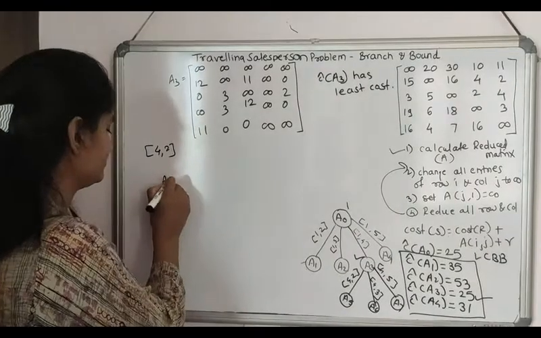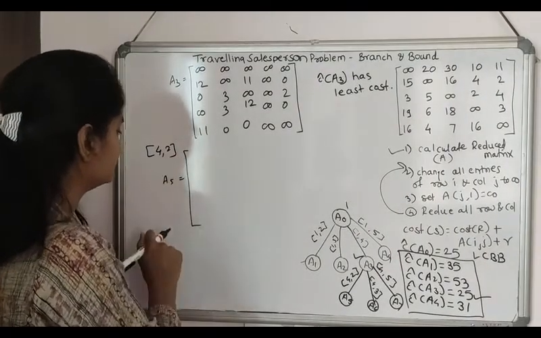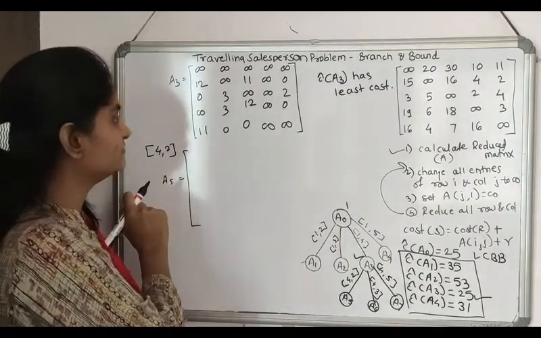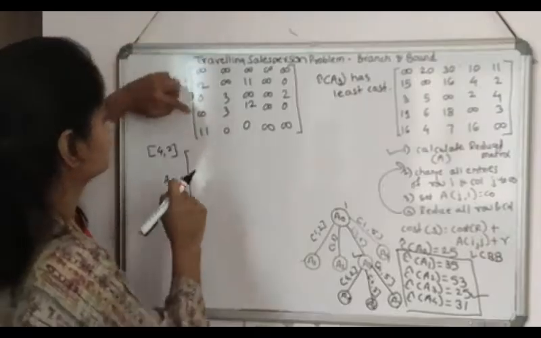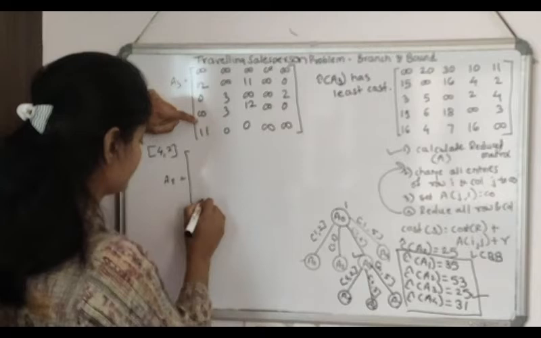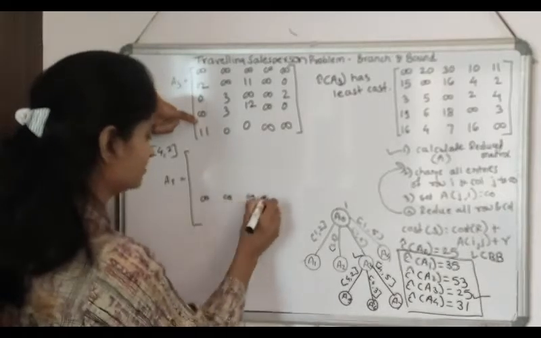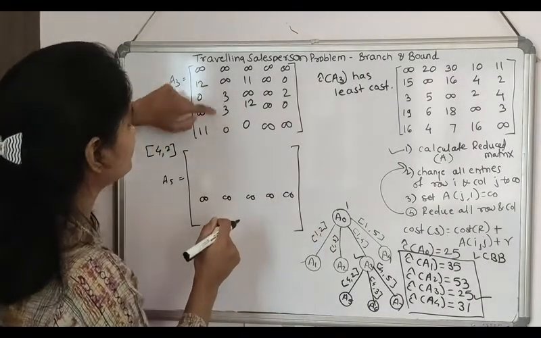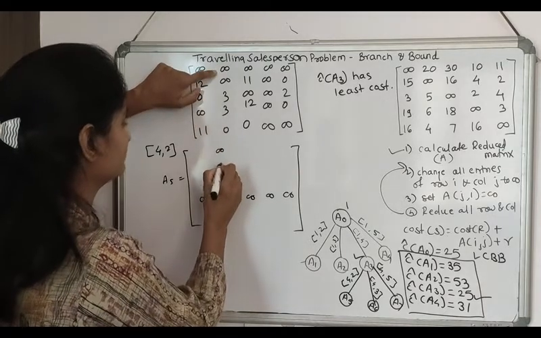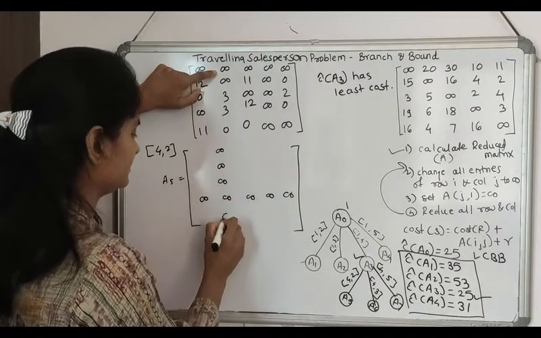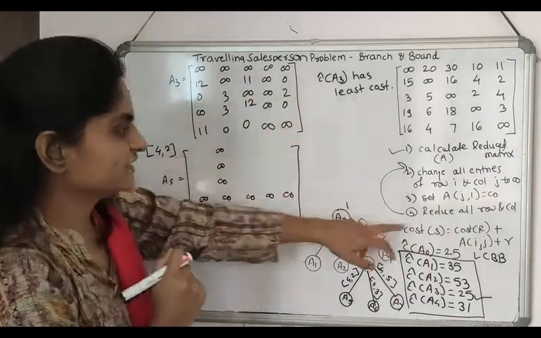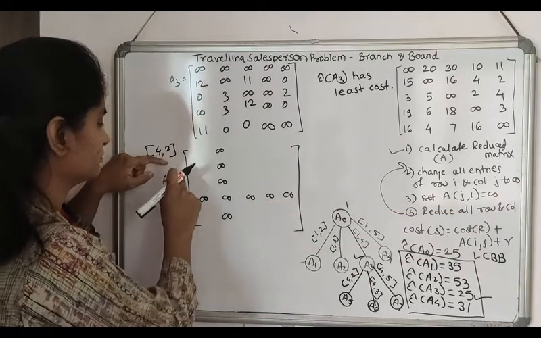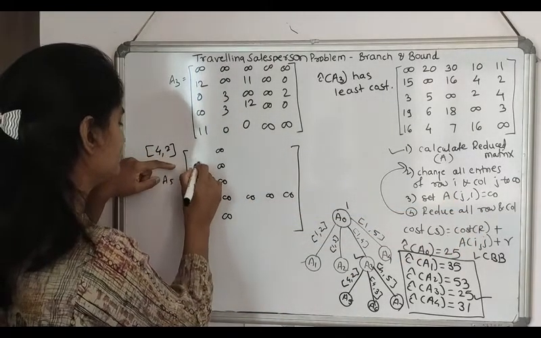A5 is equal to: set the fourth row and second column as infinity. This is the fourth row, and this one is the second column, set to infinity. Set A of j1, that is 2, 1, to infinity.